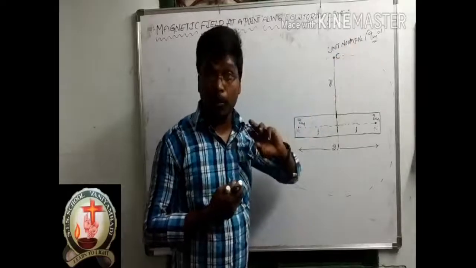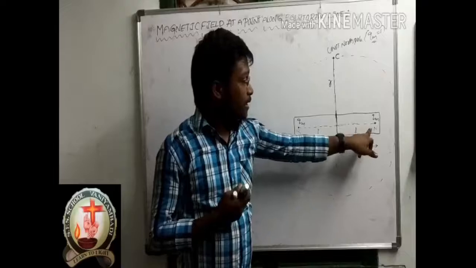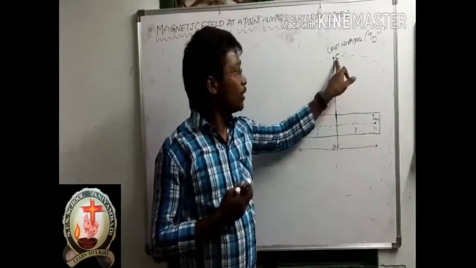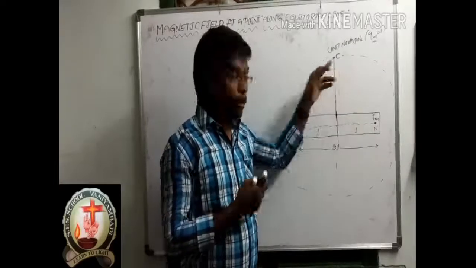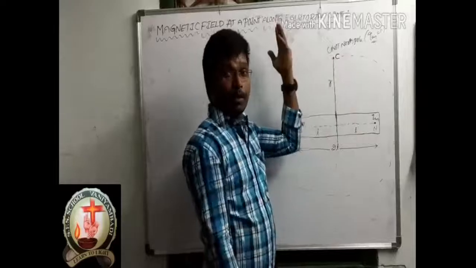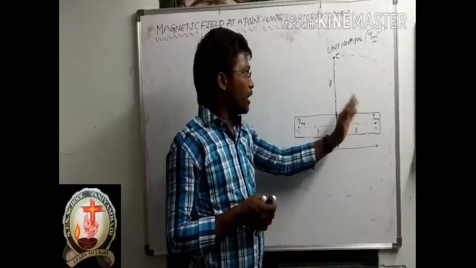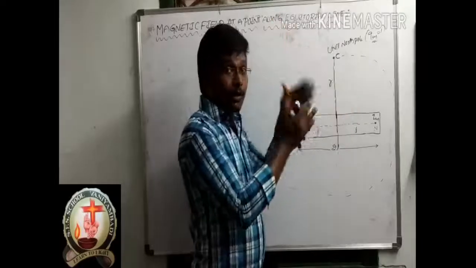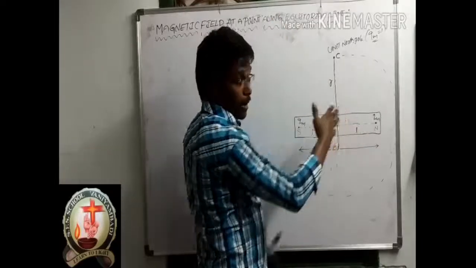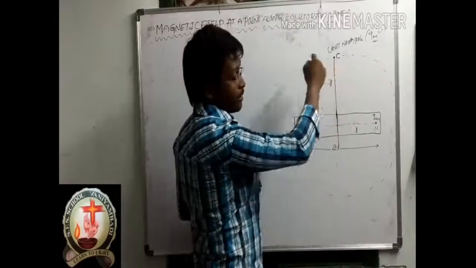This is the north pole of this magnet, and this is the unit north pole. North pole and north pole always repel. This is the big magnet, and this is the small unit north pole.